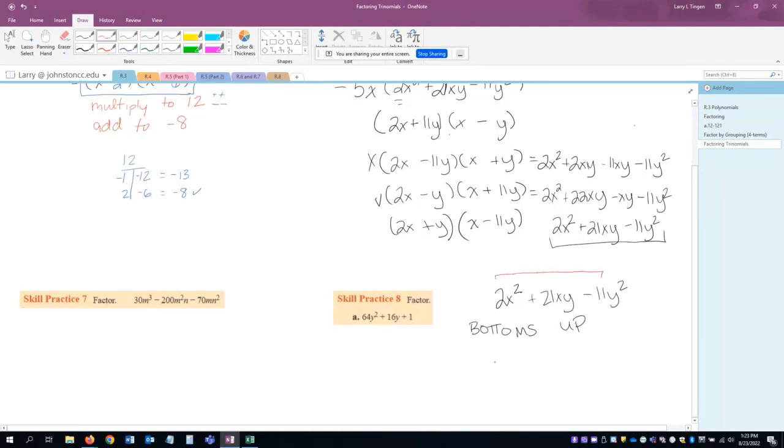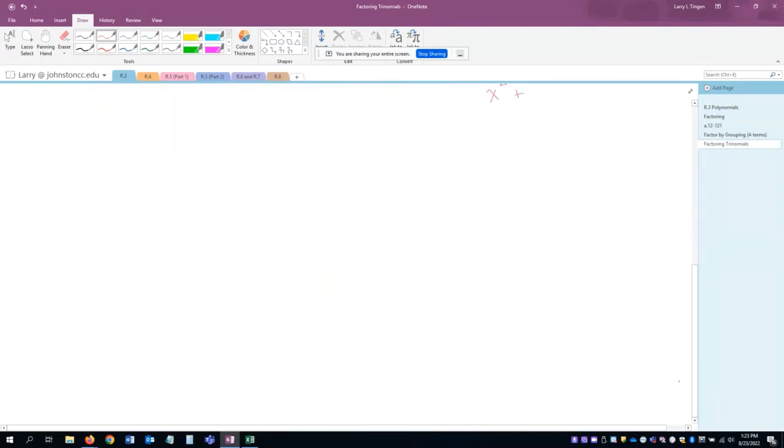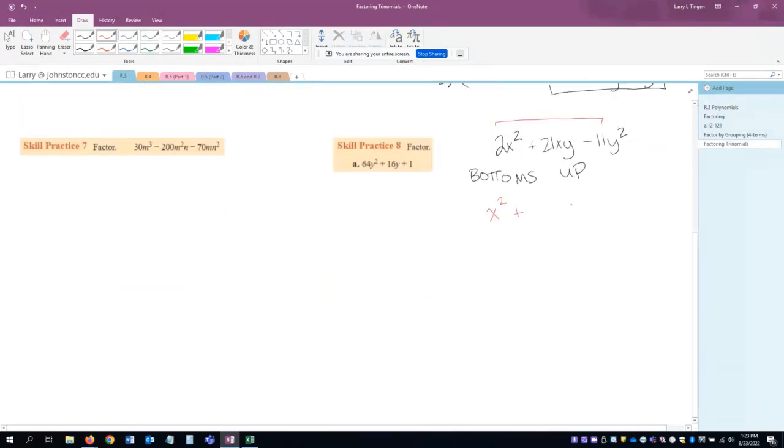So bottoms up says take A and C and multiply them. So A is 2 and C is negative 11. I'm going to multiply them, and I'm going to write that product as my coefficient. So notice the 2 goes out from in front here. And now I have x squared.